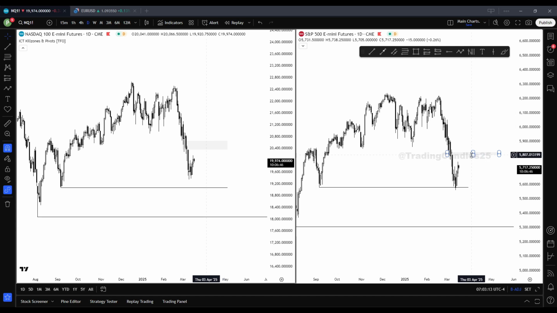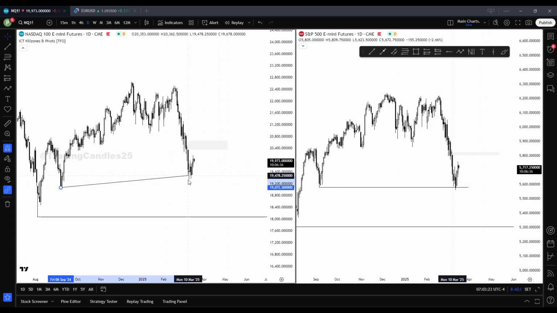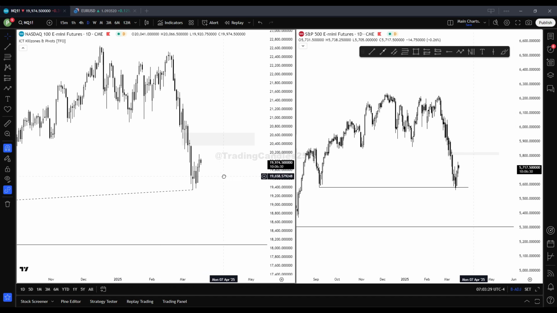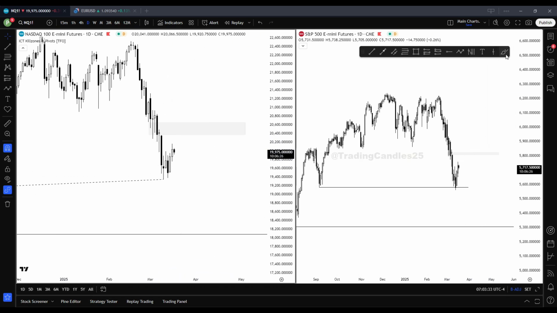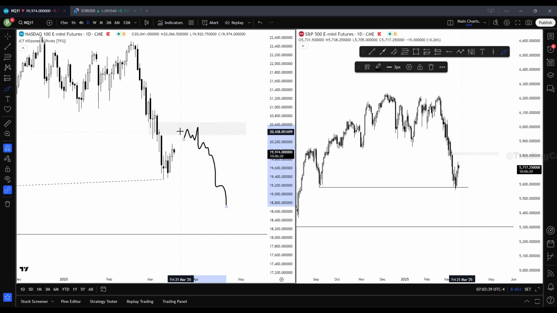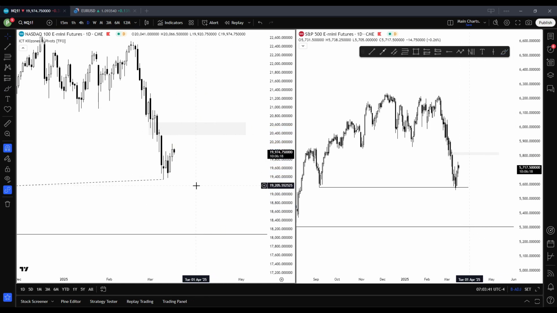This is the weekly volume imbalance on ES, and then we've got this weekly fair value gap on NQ. And because of this divergence, I expect price to retrace higher, to push higher to fill this fair value gap, and then from there I'm going to look for bearish confirmations on the lower time frame and then expect an expansion lower.